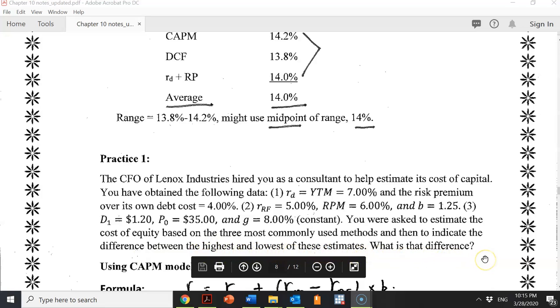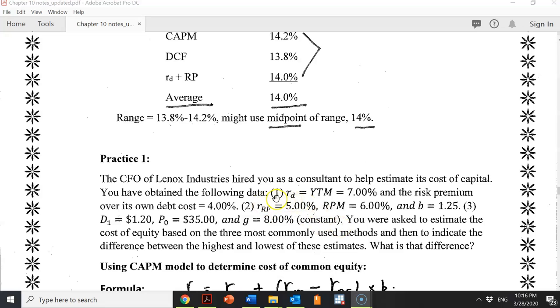What is that difference? So we have three groups of data here. From the first group of data, we can use the bond return plus its own stock over bond risk premium method to calculate cost of common equity. For the second group of data, you can use CAPM.